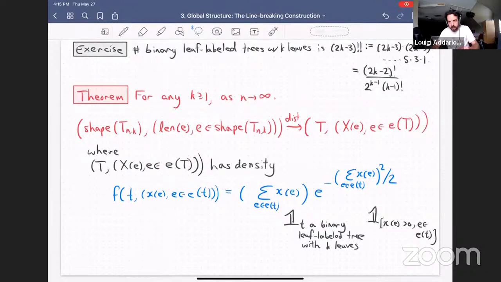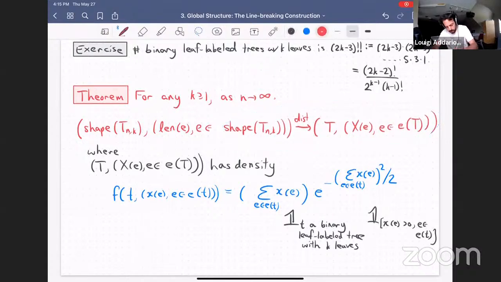Sorry, there's a question in the chat. E in shape is to say E is a leaf? No, E is an edge of the tree. So what I'm trying to describe here is the distribution of this random shape, and then the edge lengths that I get.